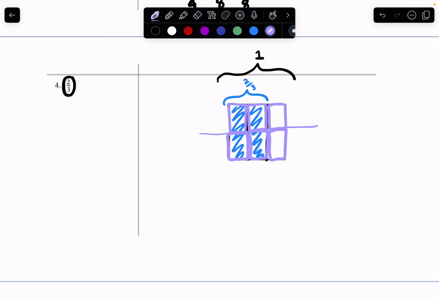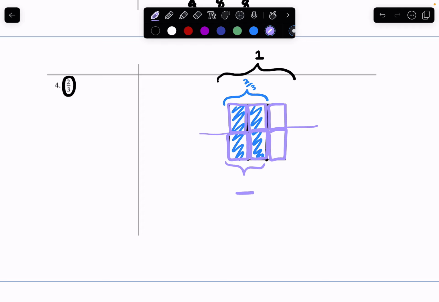Now I want you to think in your head, how many of those 6 parts are shaded in? If you know how many of those 6 parts are shaded in, write that right here.